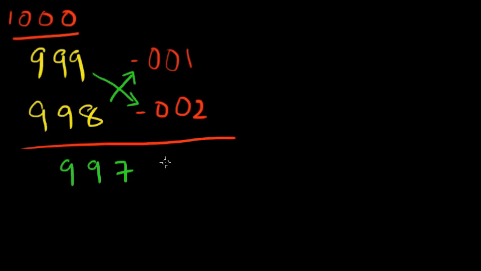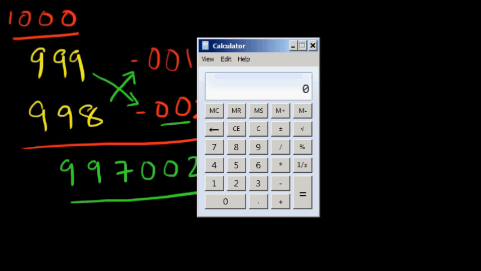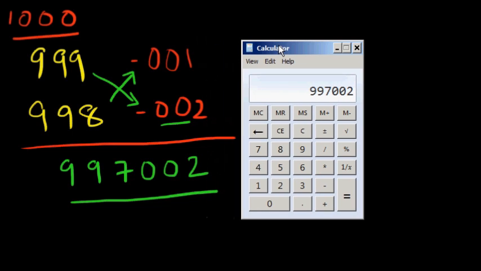So we're going to add these 2 zeros and then 2 here, and that turns out to be our answer. Let's verify it. 999 times 998. Haha! How cool!